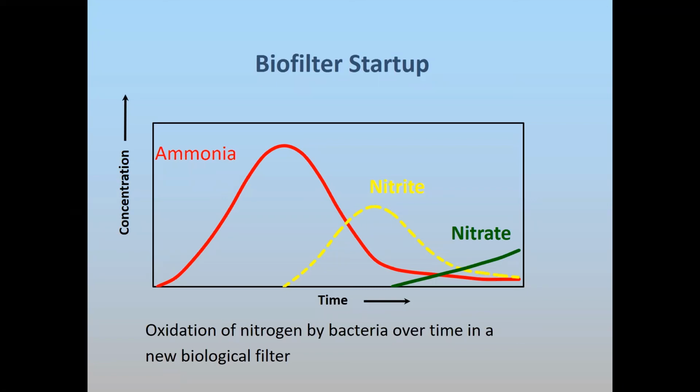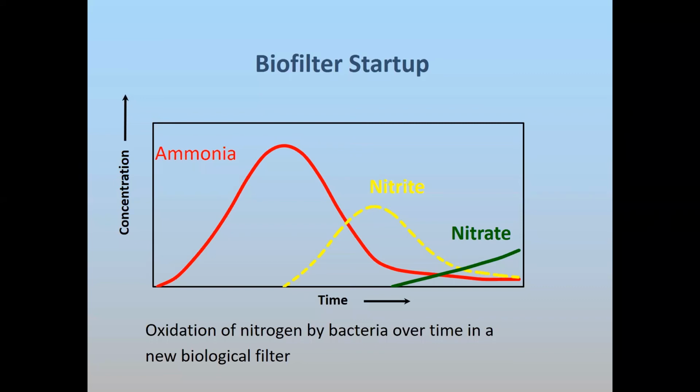So it takes time. If you're starting up a new pond, or you bought a new biofilter and you're adding it to your water garden, it's going to take time for that bacteria to populate on the biofilter and for it to work. And it may take a week, possibly two, just depends upon the water temperature and the level of bacteria.